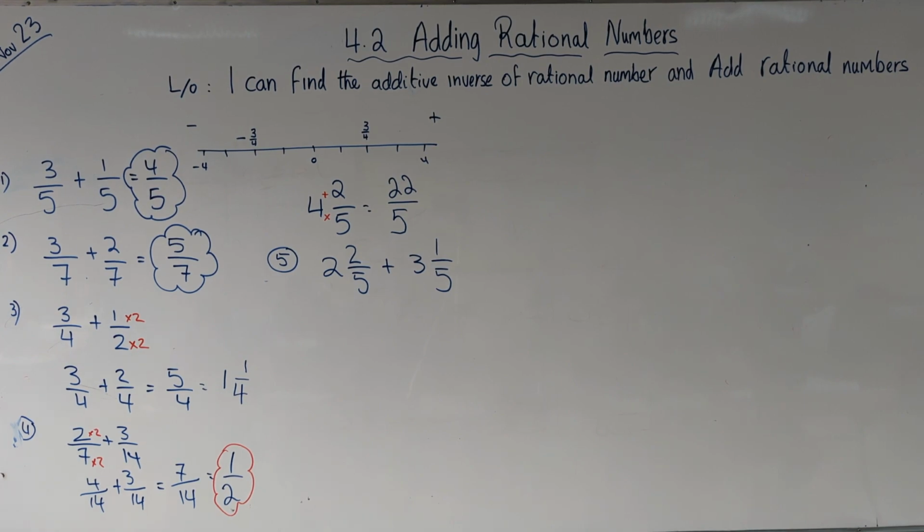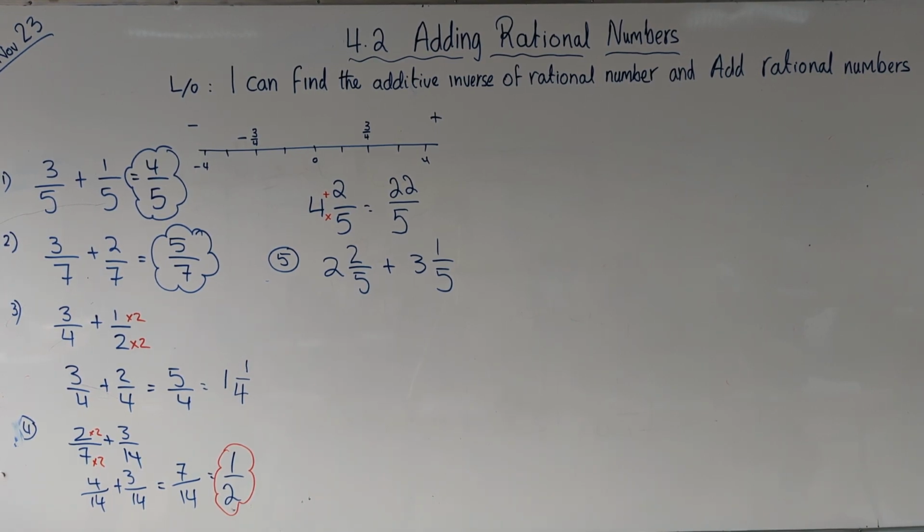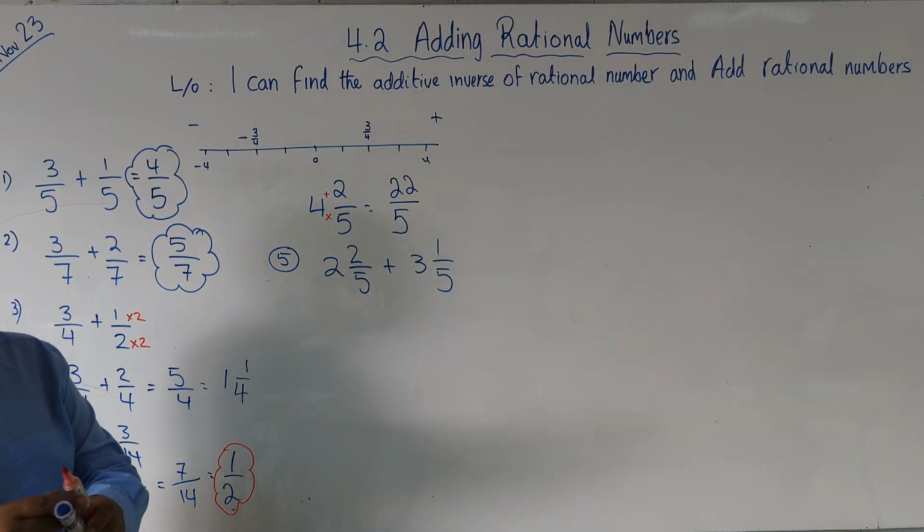So you multiply that, and here you multiply that. 15 plus 2, 17. So you have to add these two. And then the denominator inside. Correct. So well done. First, let's do this together.